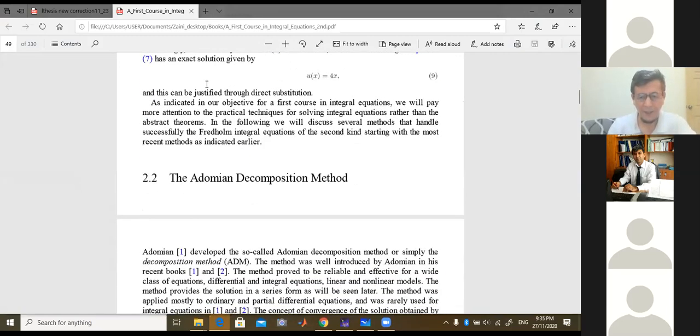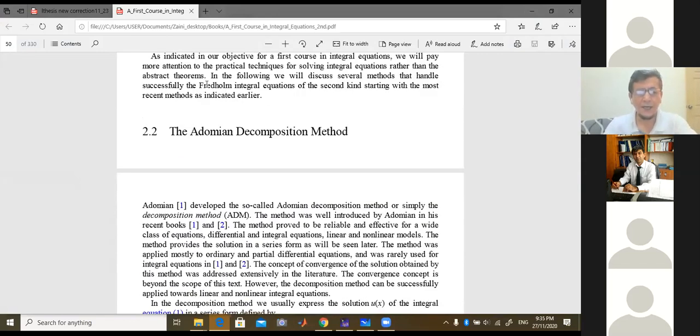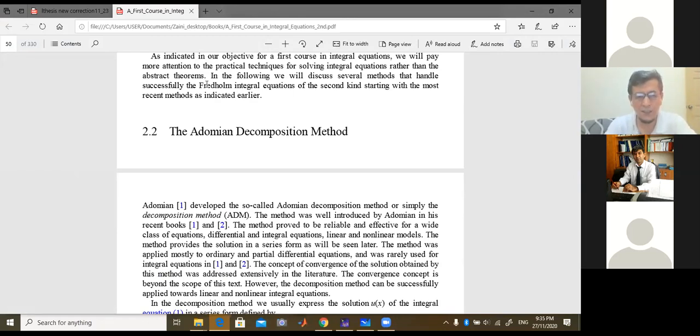Okay, I directly will start from Adomian decomposition method. So far we have learned many other types of methods. Now this method is called a semi-analytical method, which means by using this method, we can find an exact solution or approximate solution.